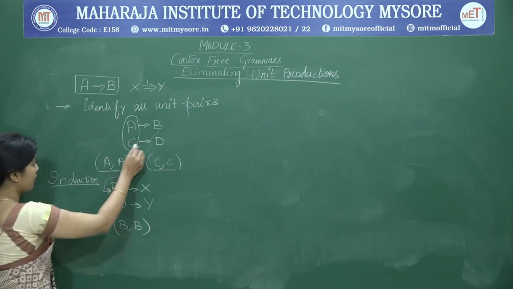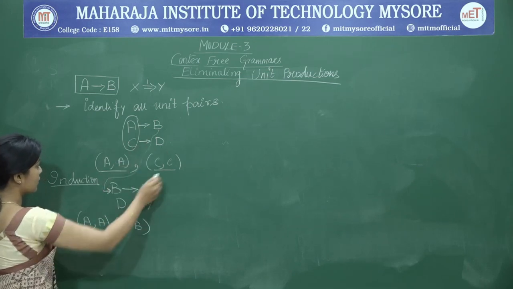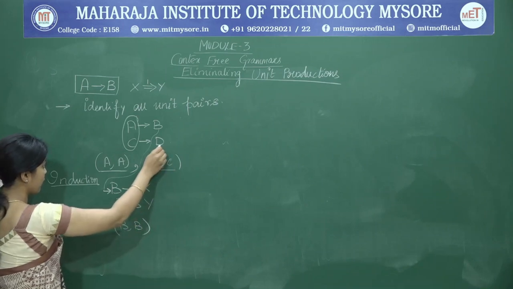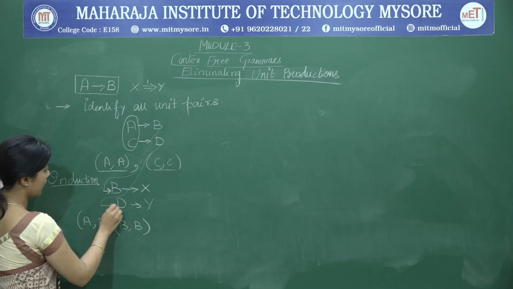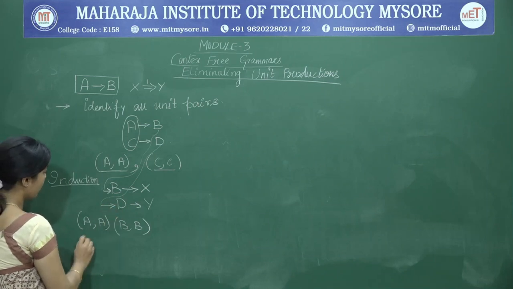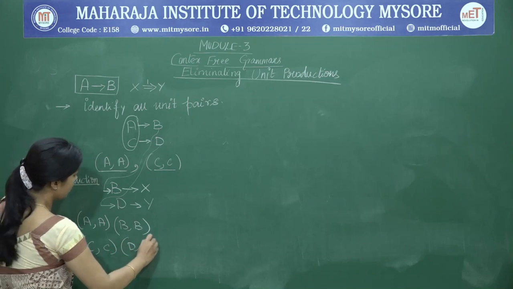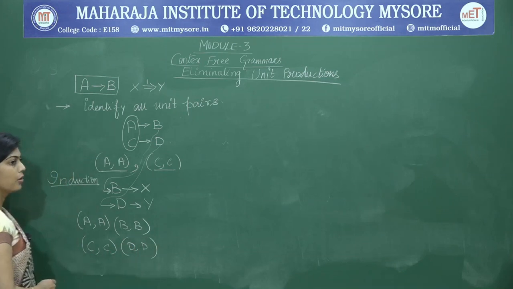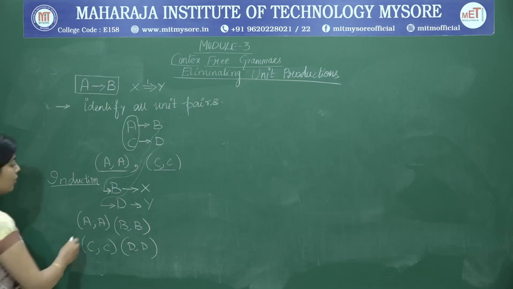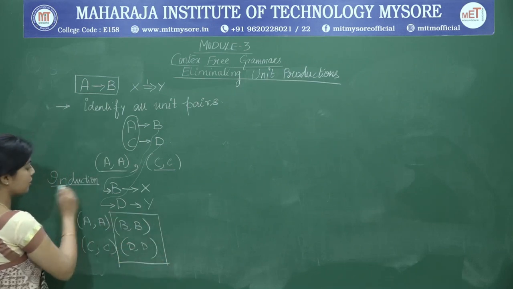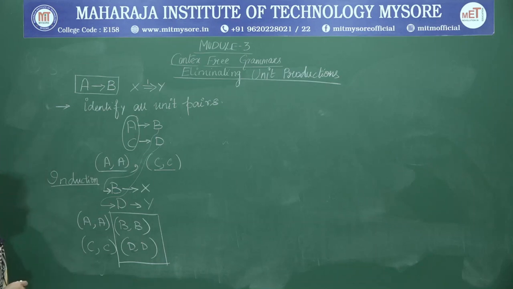Next, we have C goes to D. So C comma C is already identified as a unit pair. Next, we also have D goes to Y as a cycle. So along with C comma C, D comma D is also identified as a unit pair. Okay. So this is what we are going to find out in the induction step.